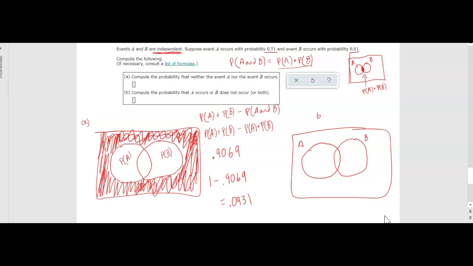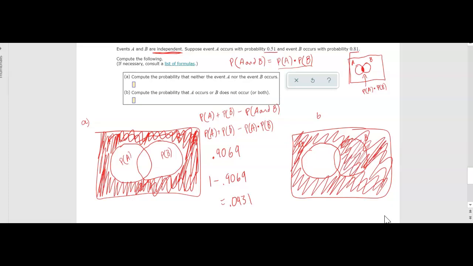We're kind of shading all the area where A is not occurring. That's everything that's not in A. Now remember, that overlapping region is in A, so we're not shading that.